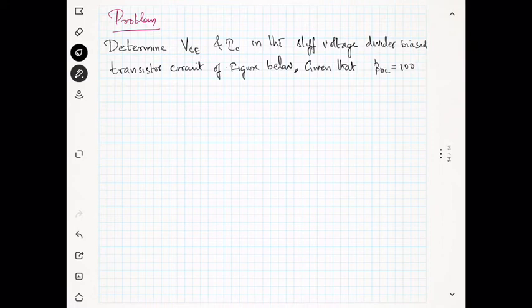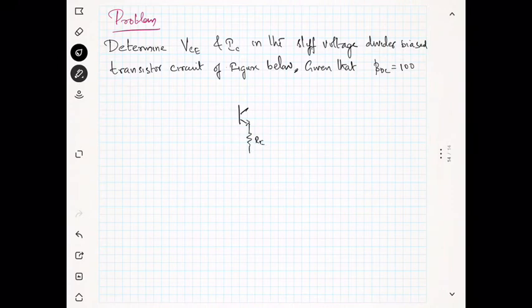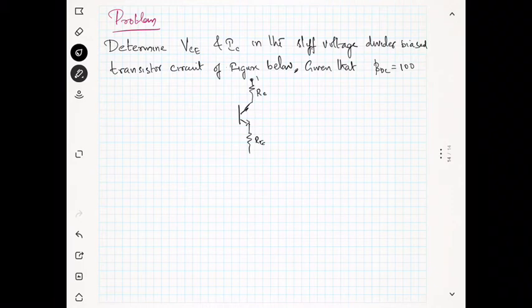Okay, so the question gives a voltage divider biasing circuit. This has some RE and some RC and VCC.